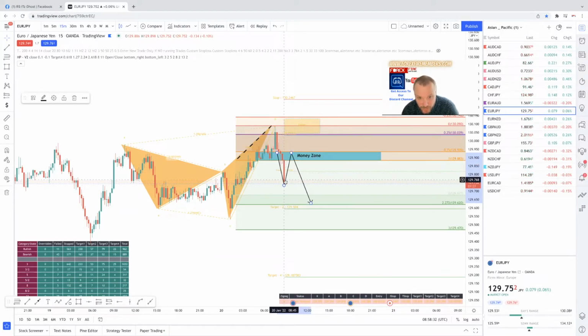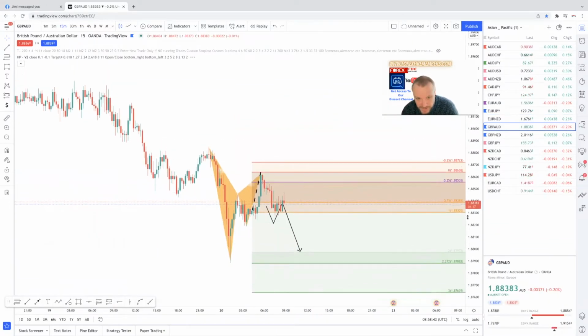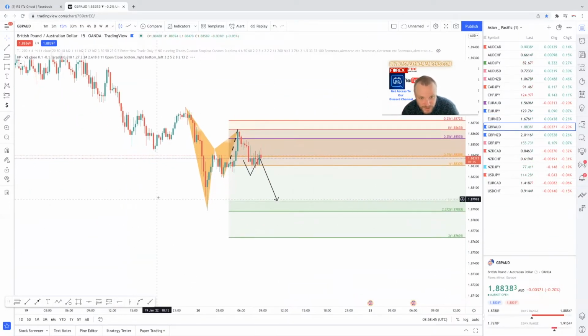But we can see we've pulled out of the zone now. We're simply waiting for the retracement to then come down to further targets. Again, if we go on the other blue ones, we can see the GBP ORD is not acting for us. It's just consolidated in this area.